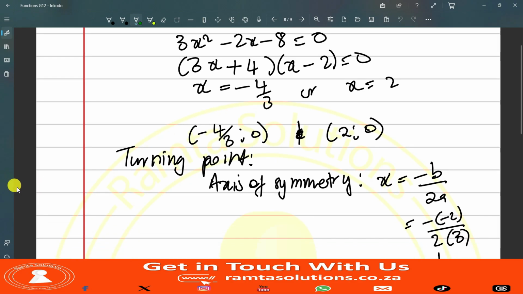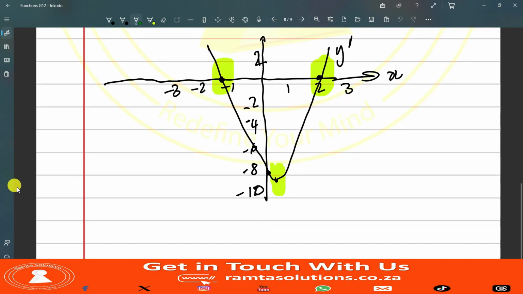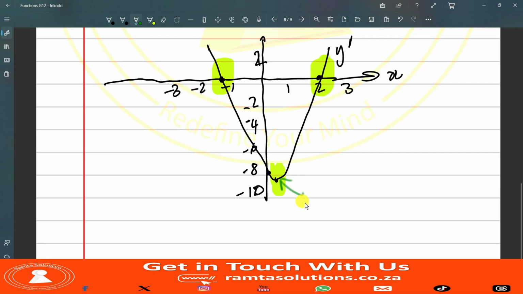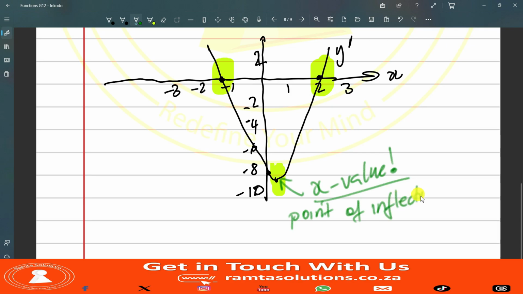Let's go to the quadratic now. On the quadratic, what is this guy here? Let me change the color. This guy here is the turning point, but I'm referring to the x value only. So with the x value, what does it tell us? It is the point of inflection of whom?